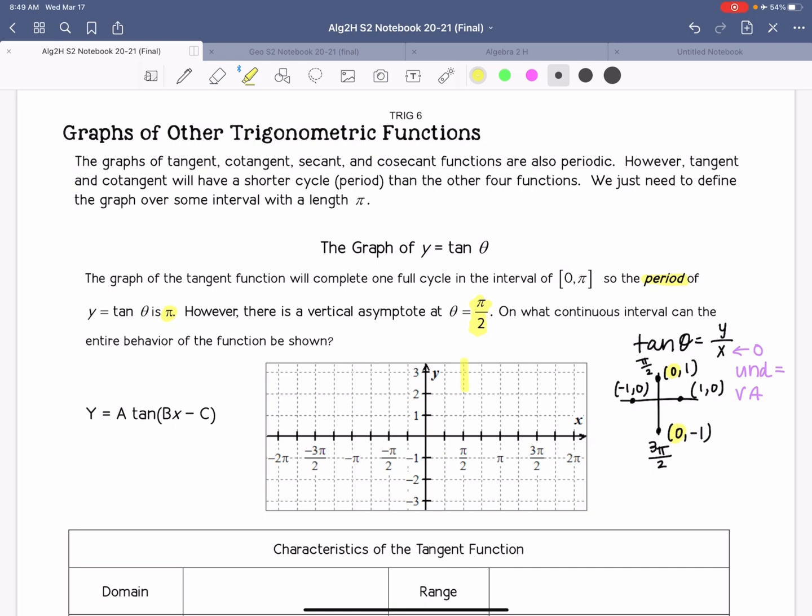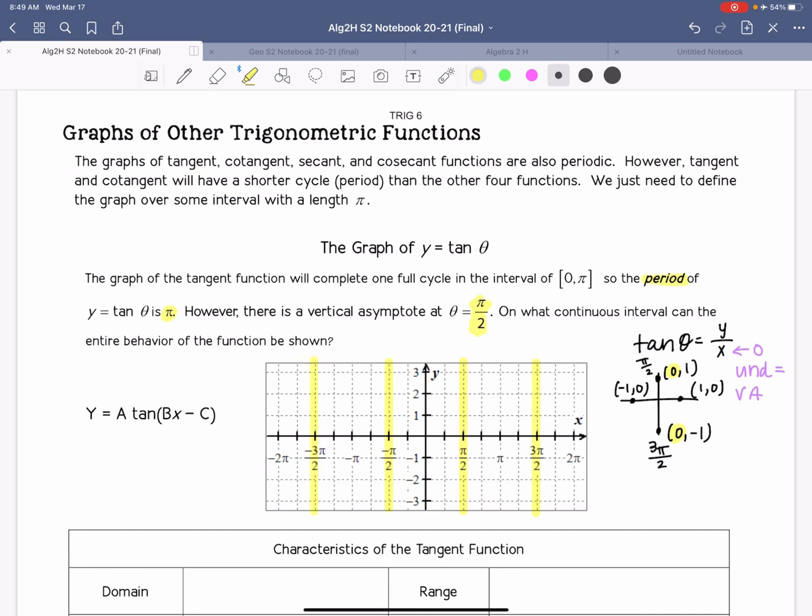It's important to know that our first vertical asymptote is at pi over 2. I like to highlight my asymptotes, so I'm going to go ahead and draw in pi over 2. The next one I know is going to be at 3 pi over 2. Again, the distance between these asymptotes should be a distance of pi. So from pi over 2 to 3 pi over 2 is a distance of pi, so that is correct. Then we're going to continue this pattern and go to the other side. So then we would have one at negative pi over 2 and negative 3 pi over 2.